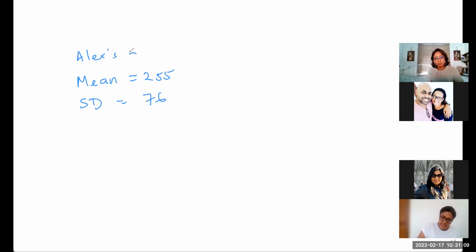His Z score is minus 1.75. That's all we have, and we have to find Alex's original score. So the same formula: Z score is equal to X minus X bar, that's the mean, divided by SD.